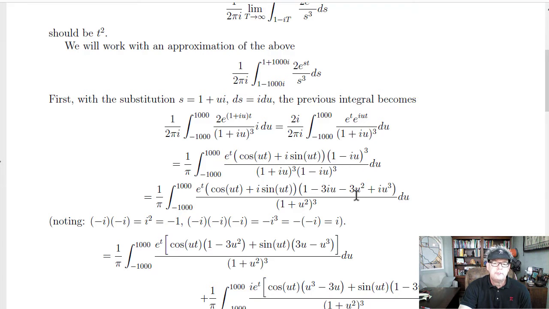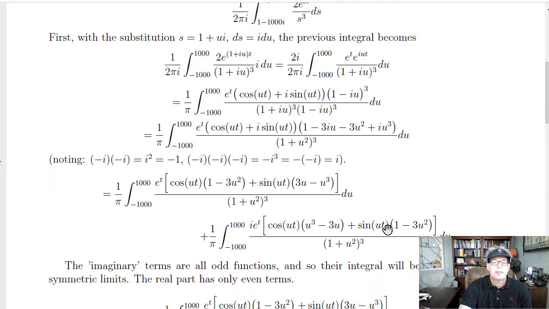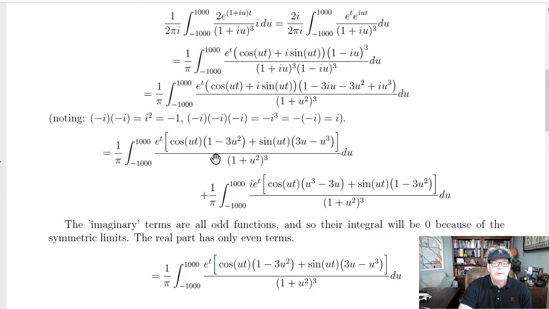Then if you multiply it out, the real part, I'll let you keep track of that. Cosine times 1 and times the 3u squared, i sine times the 2 i's. So that would be the real part. The imaginary part would be cosine times the 2 i's and the i sine times the 1 and the minus 3u squared.